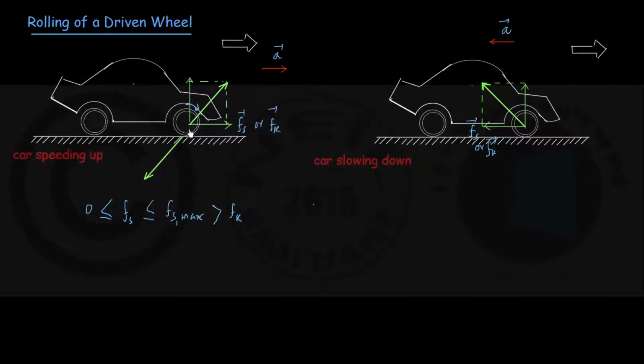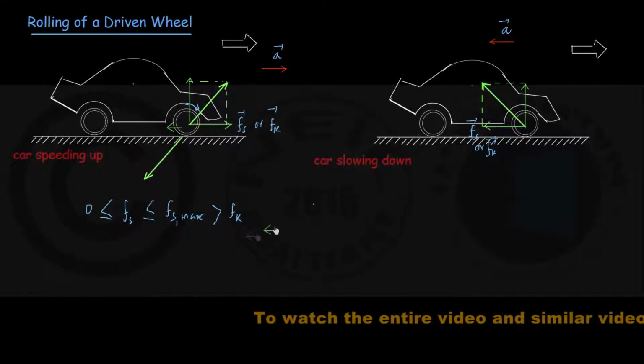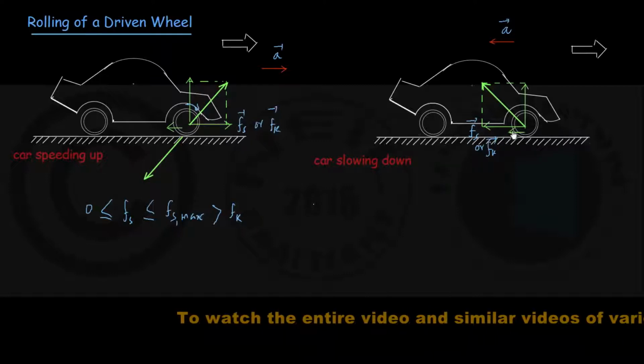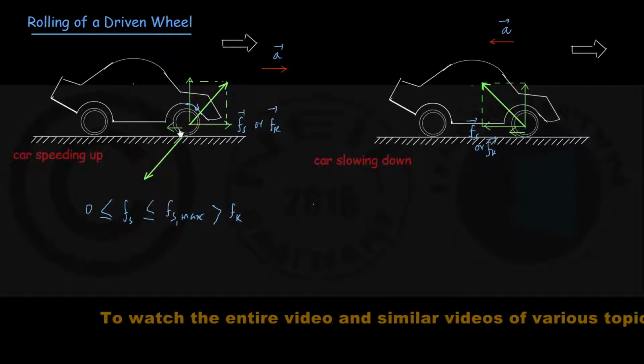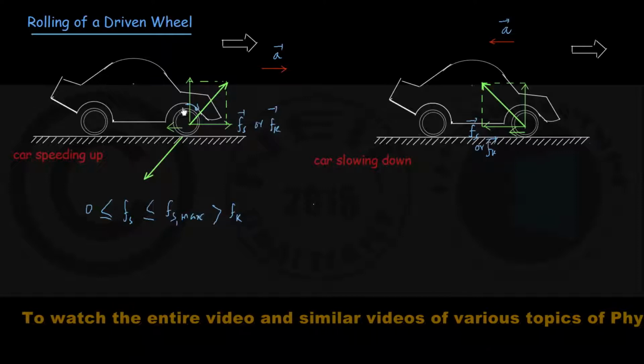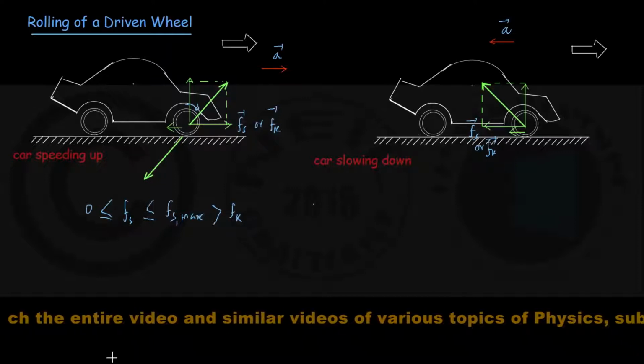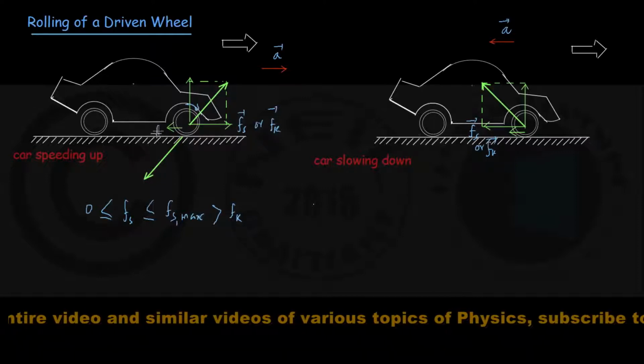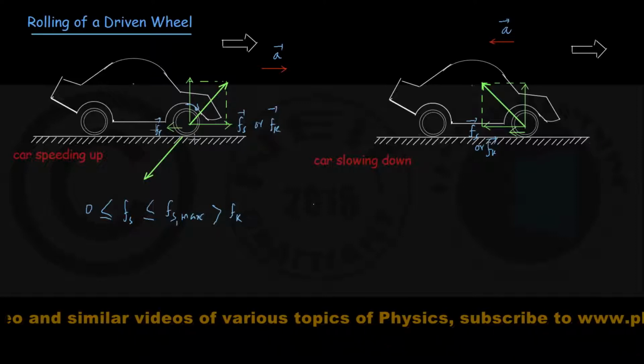So what about rolling friction? Let me tell you here, rolling friction also is acting on these car wheels, and since rolling friction always opposes rolling, be it the case of speeding up or the case of slowing down, in both cases rolling friction acts to the left in my figure to oppose the motion of the car. I write it here, the symbol for that is Fr.